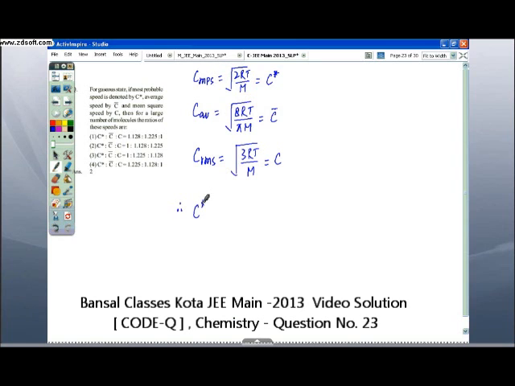Therefore, C star is to C bar is to C, this is equal to root 2 is to root 8 by pi is to root 3. This is equal to 1 is to root 4 by pi is to root 3 by 2.